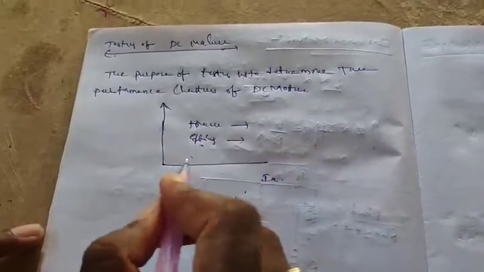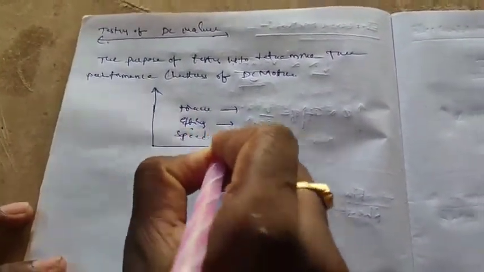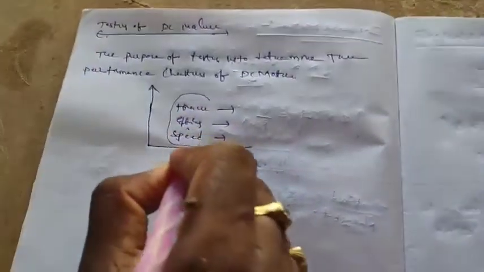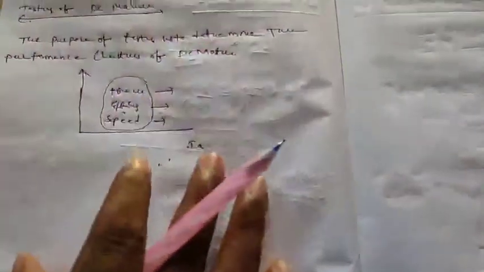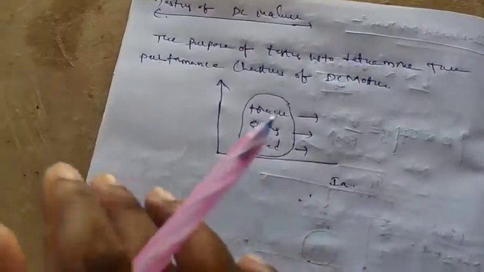What is the value of the speed? These three parameters are very important. How the torque varies with the current, how the efficiency increases or decreases with respect to the load, and how the speed increases or decreases. What are the characteristics? Those characteristics can be determined by testing the DC machine.